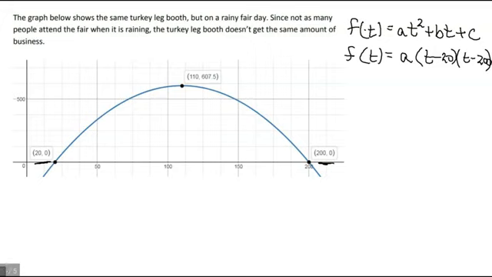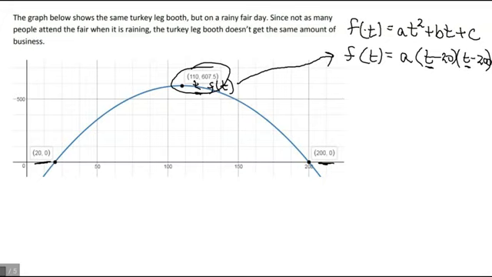So I've used two of the three points that were given to me in the function. Now I'm going to use this other point. So for this point, I know that my t is 110 and my f of t, when t is 110, is 607.5. So I'm going to take my f of t and substitute that in here, and I'm going to take my t value and substitute that in here and in here.